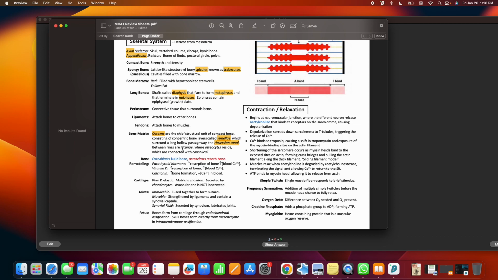Between rings are lacunae. Between what rings are we talking about? I think we're talking about the lamellae, right? Lacunae, where osteocytes reside, which are connected with canaliculi.